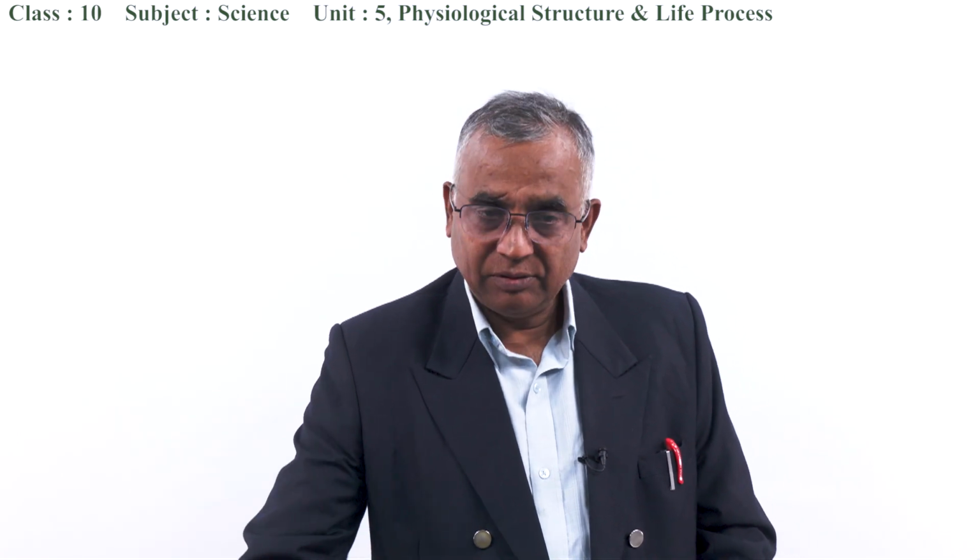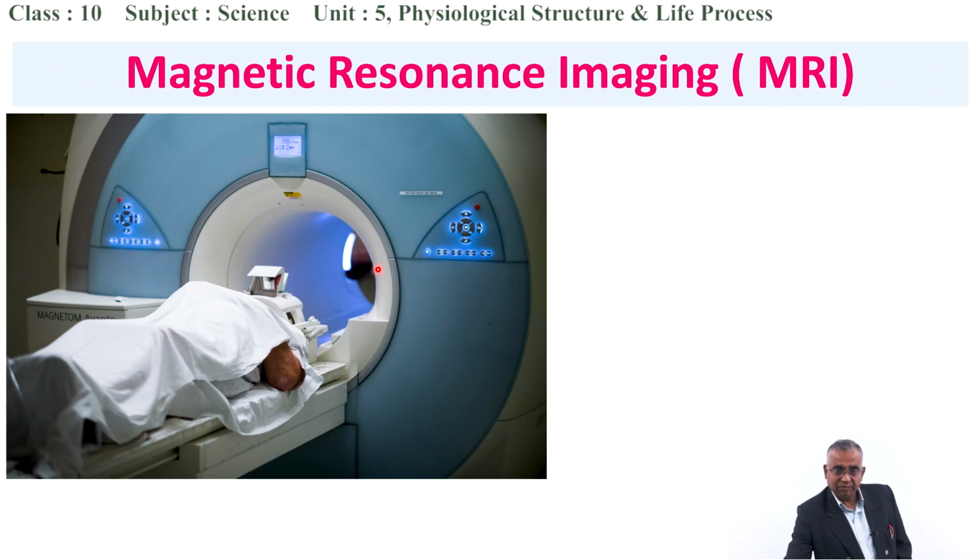And here, look here, that is the MRI machine. In fact, these regions have very high magnetic energy. And inside it, the patient is passed inside the machine, and 3D pictures of the required region can be seen and printed.